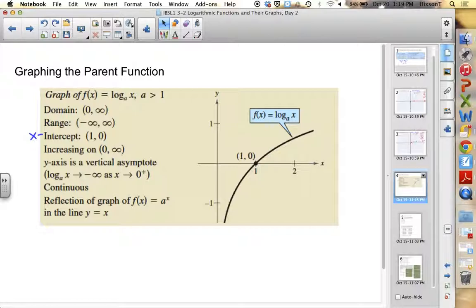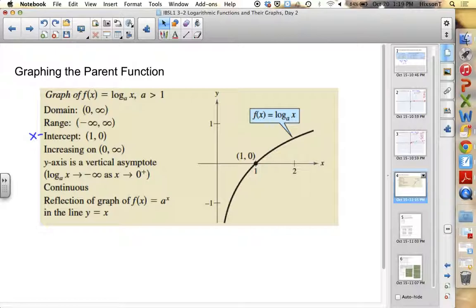And let's look at a couple of things related to it. First of all, the domain. The domain, what x can be, x is always going to be greater than 0. Our range, the function value, is going to go from negative infinity to positive infinity. It approaches negative infinity as x approaches 0. It approaches positive infinity as x approaches infinity.